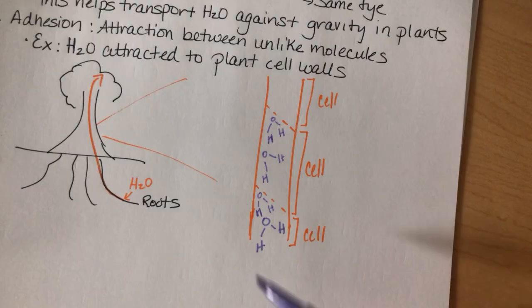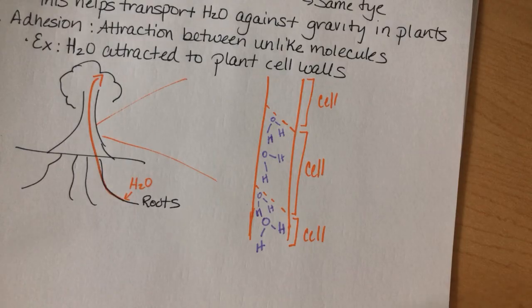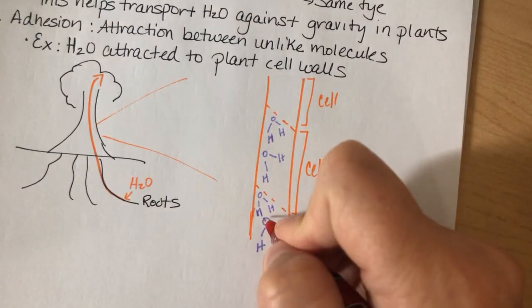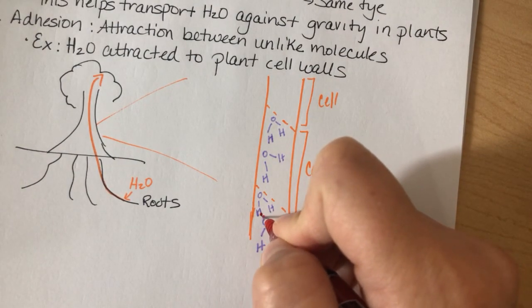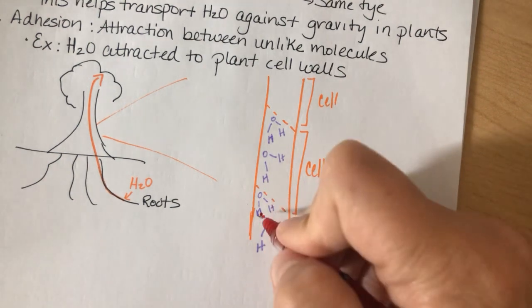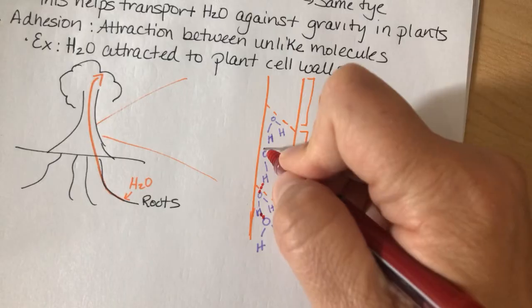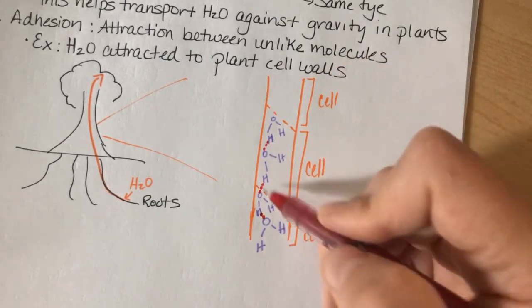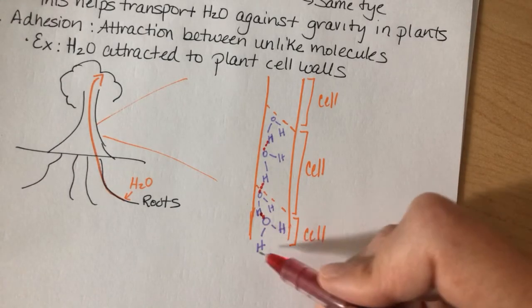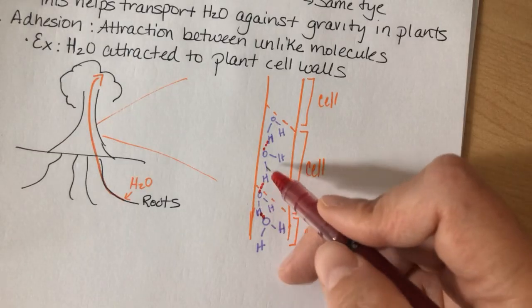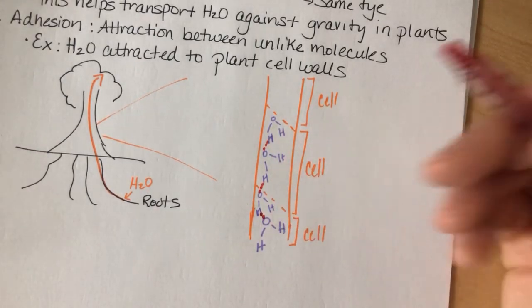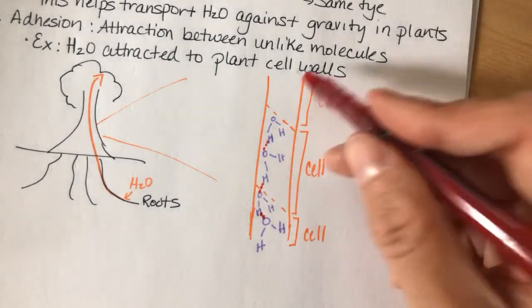I just drew four H2O molecules. So what are they going to do? They are going to hydrogen bond to each other. Between the oxygen and the hydrogen, there are going to be dots. I'm going to use red and do dot dot dot between the oxygen and the hydrogen of each of the molecules. This one's attracted to this one, which is attracted to this one, and so on. So you get a train of water molecules all the way up.